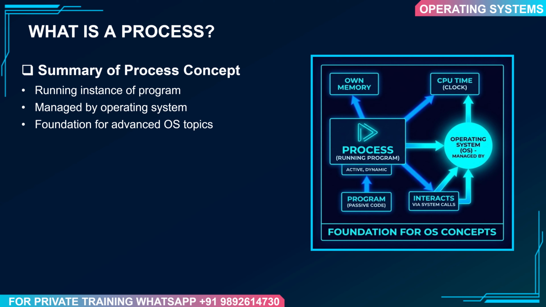It has its own memory, uses CPU time, and interacts with other system components through system calls, which we discussed earlier. Without processes, an operating system would not be able to run applications, manage multitasking, or provide a smooth user experience. Understanding processes is the foundation for learning scheduling, synchronization, deadlocks, and many other important operating system concepts that we will explore in the upcoming topics.